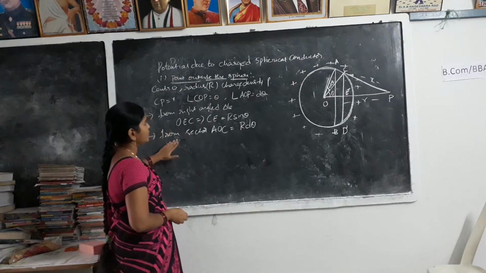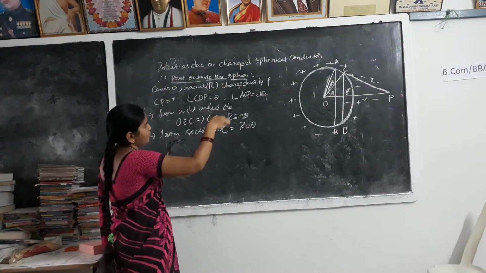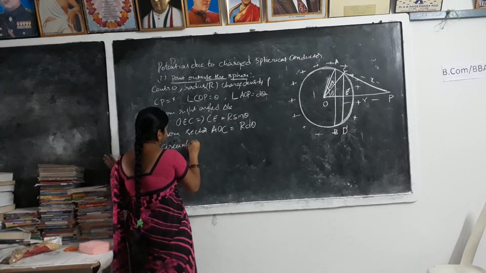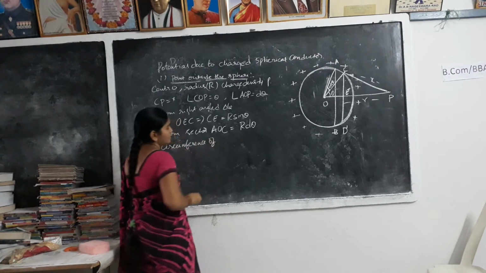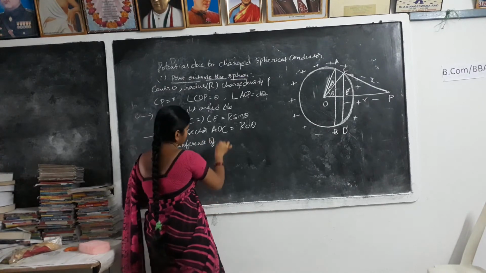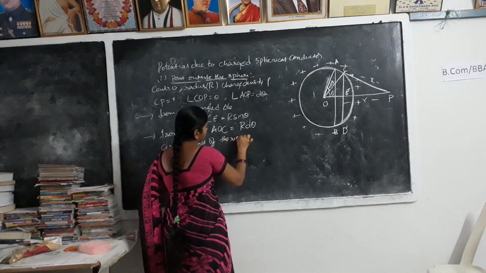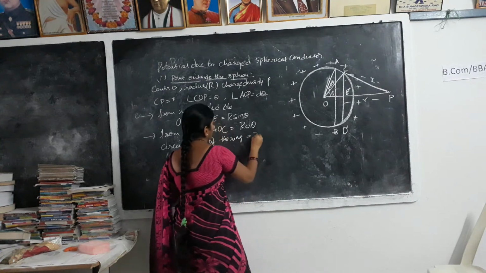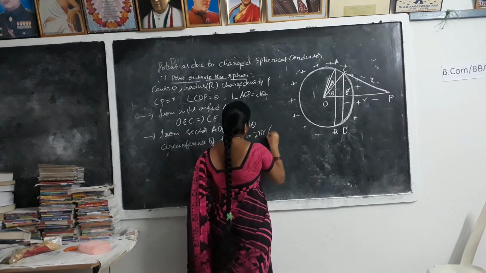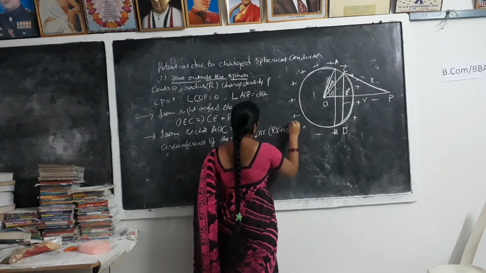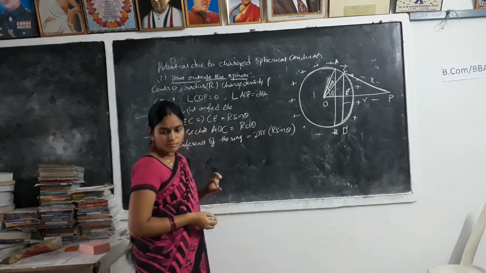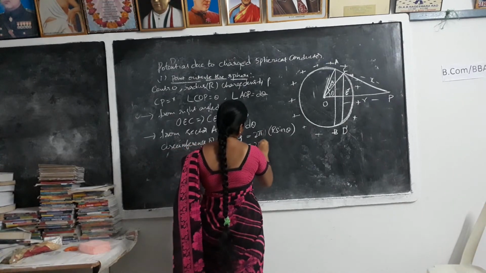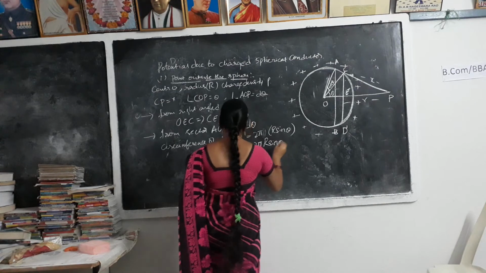Now in order to explain the properties of the spherical conductor, the circumference of the ring, because here we divide the sphere into rings, equals 2 pi R sin theta.